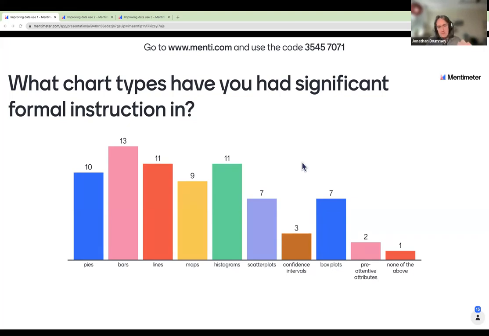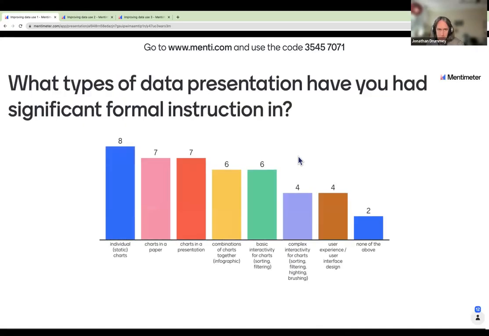All right, so this was the first question, and then there was the follow-on question getting into what we'll be talking about today: what kinds of data presentation have you had instruction in. I can see that all these numbers are smaller than our previous chart, where we had 10 or 11 responses maximum. So there's less formal instruction in this.